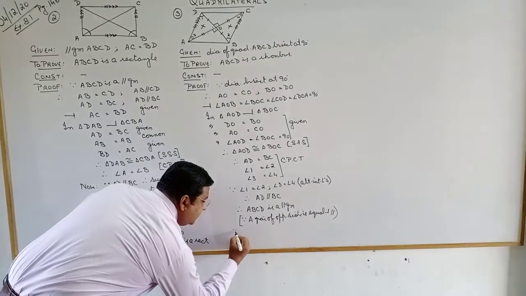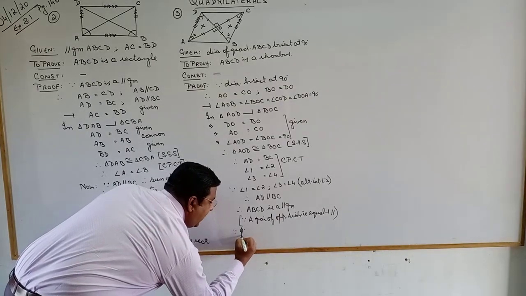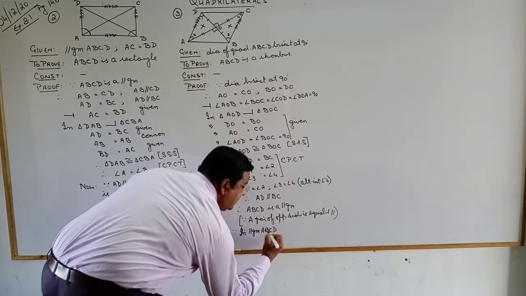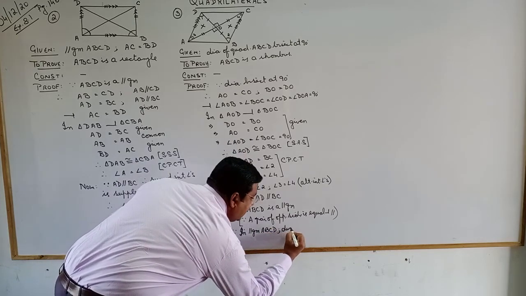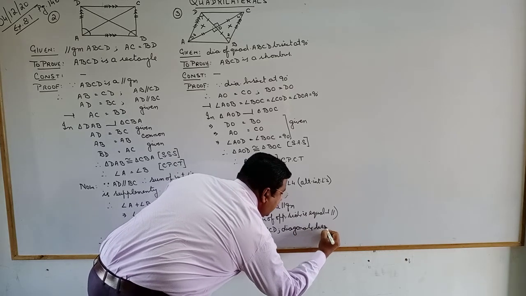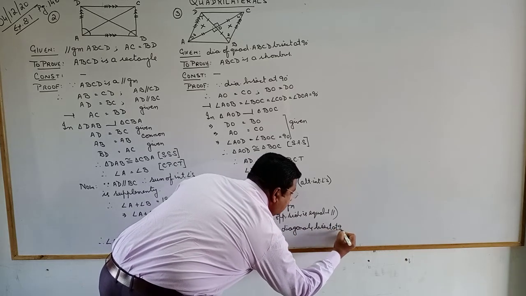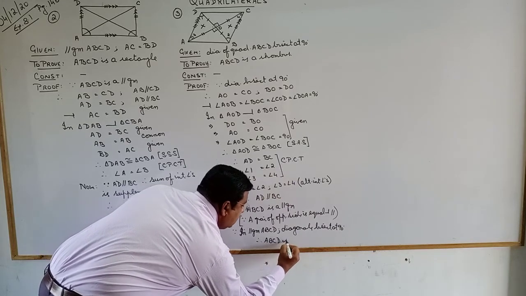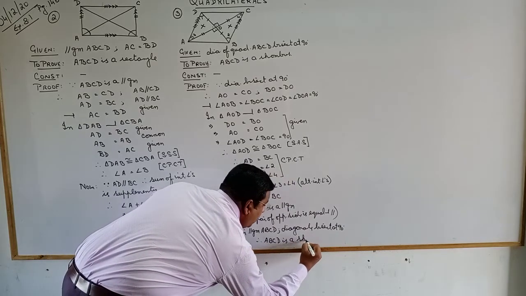So because in parallelogram ABCD, diagonals bisect at 90, therefore ABCD is a rhombus.